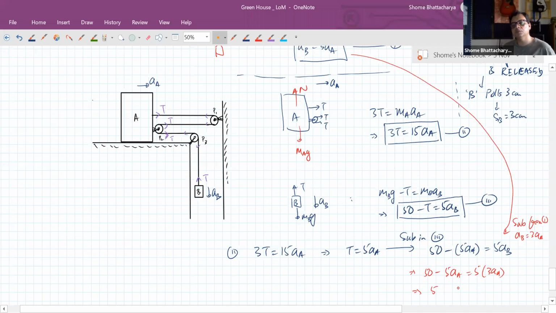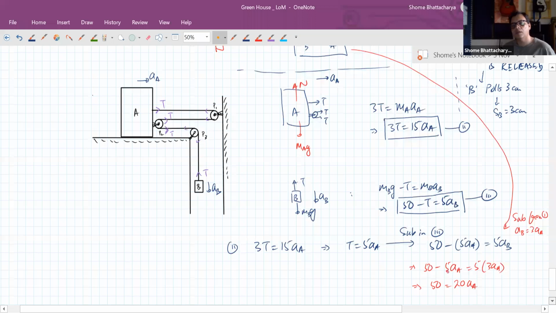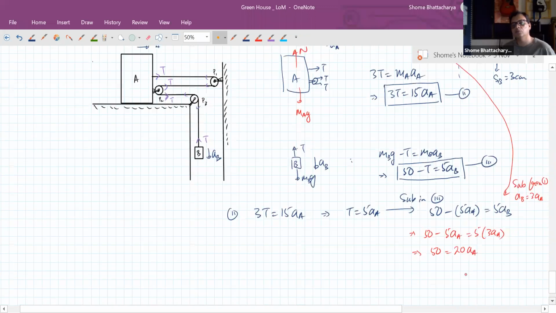So 50 will become 20 times acceleration of A. So acceleration of A we will get 2.5 meters per second square horizontally like this. Whereas acceleration of B will become 3 times that, or 7.5 meters per second square. That will be vertically downwards.